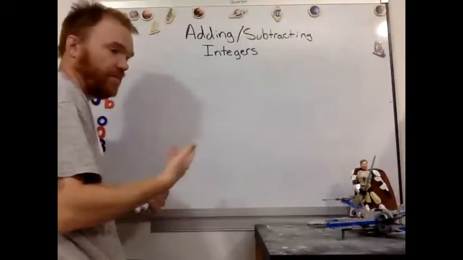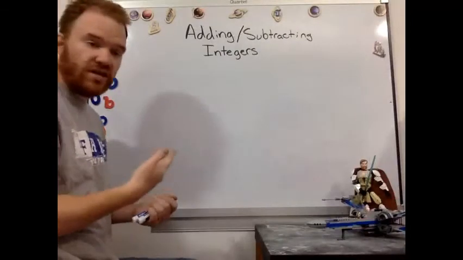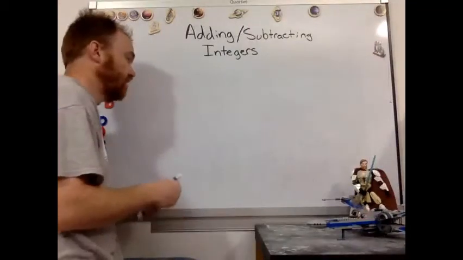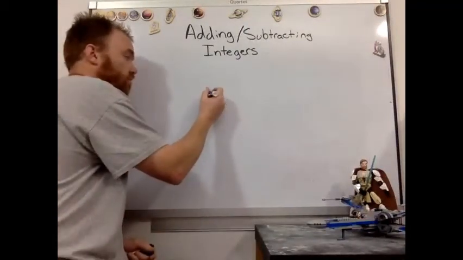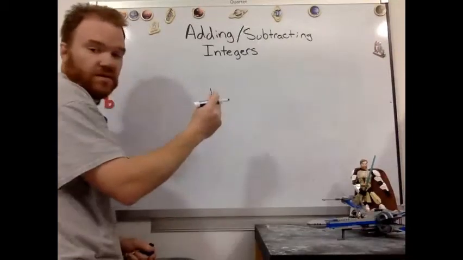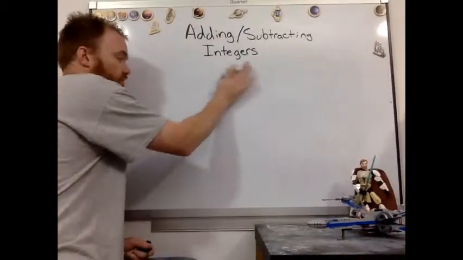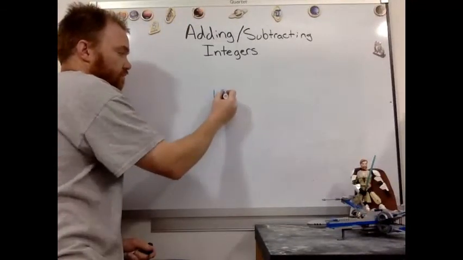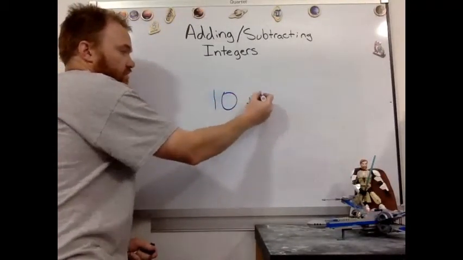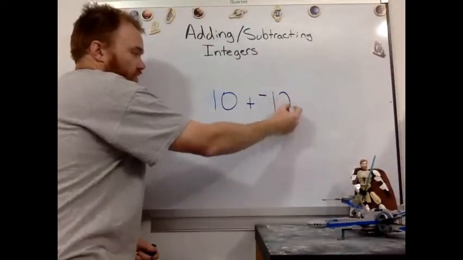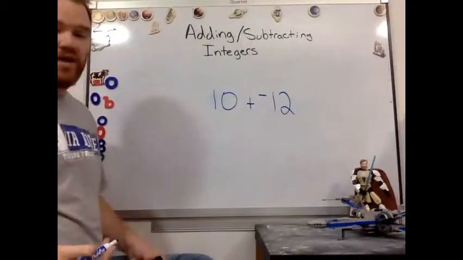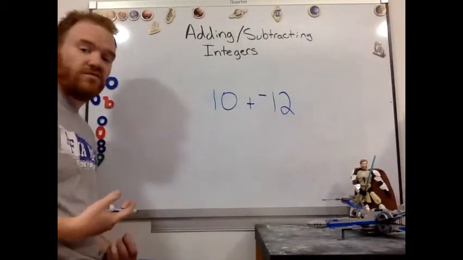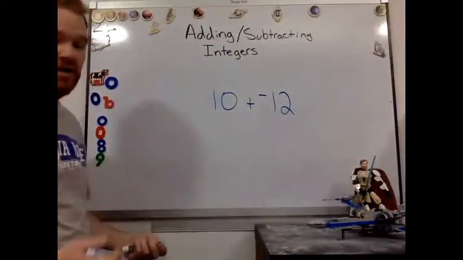So if I'm adding integers and they have different signs, let's go with positive 10 plus negative 12. Okay. Another way I've been taught to do this is to look at it as money.